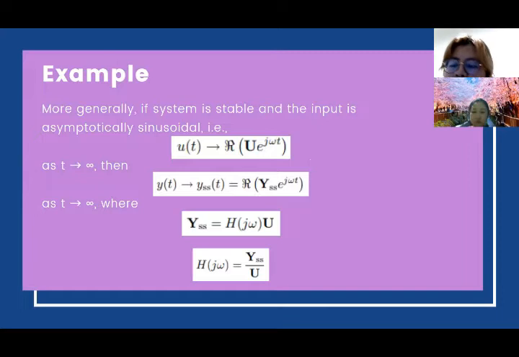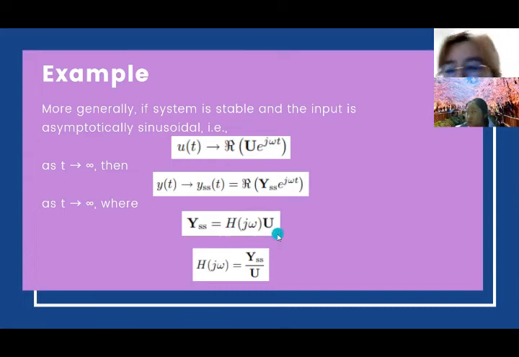So if we assume the system is stable, and the output is asymptotically sinusoidal, we can gather this equation. As t goes to infinity, we get this equation. Again as t goes to infinity, we gain this equation where y_ss is equal to H(jω) times u. To find the value of H(jω), we divide y_ss by u.